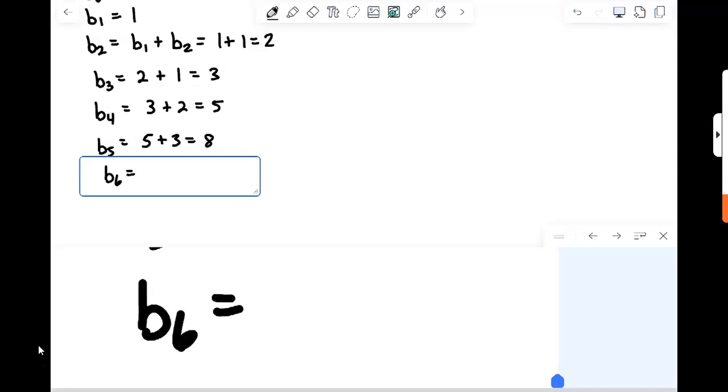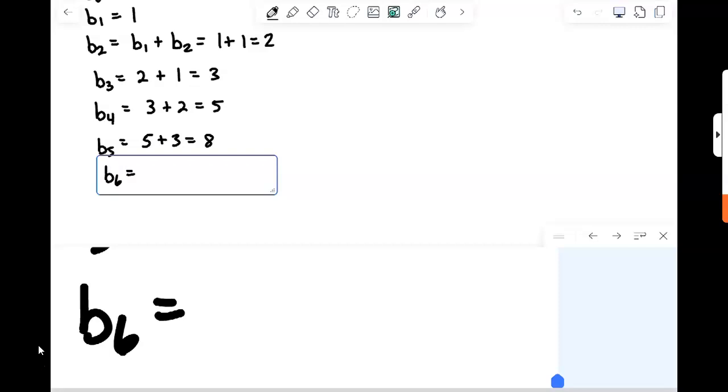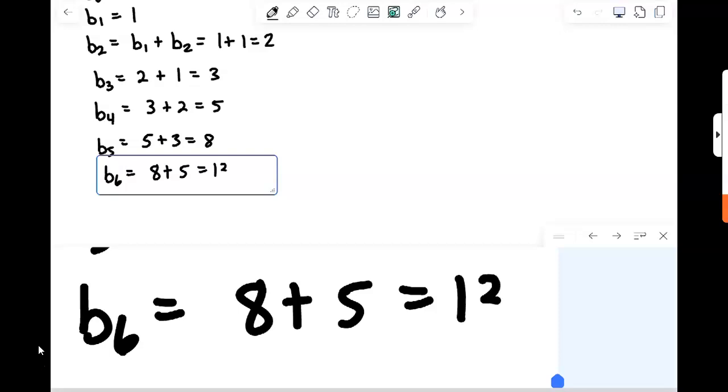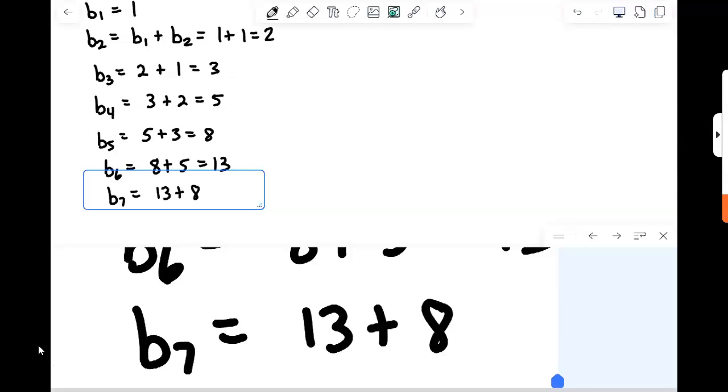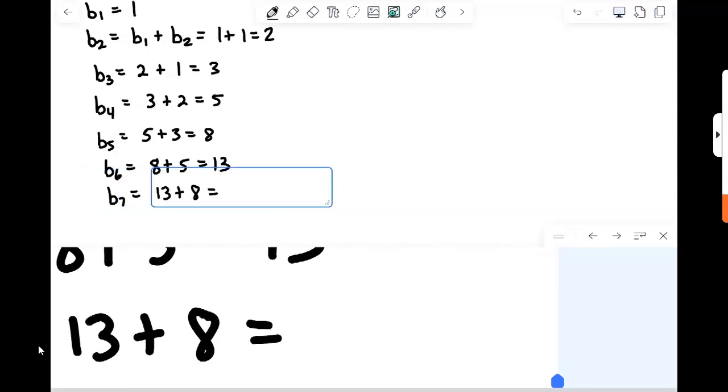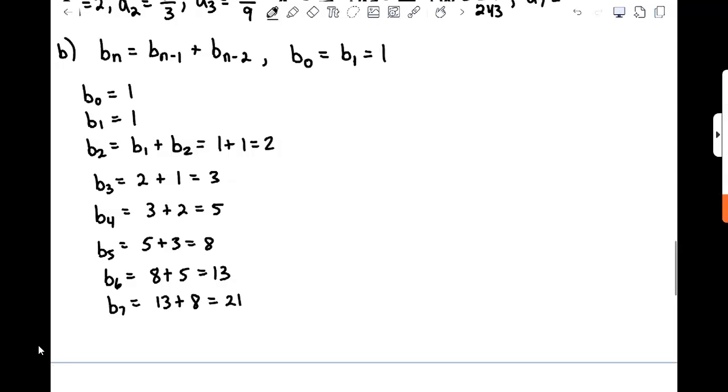B6, which I guess technically is the seventh term in our sequence, although I'll go ahead and do B7 anyway. 8 plus 5 is 13, and B7 is 13 plus 8, which is 21.